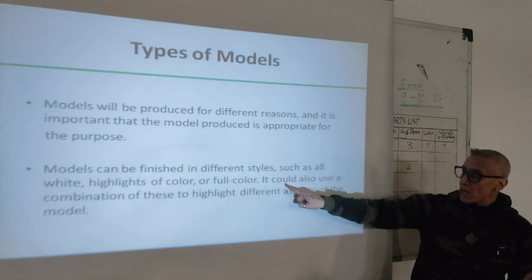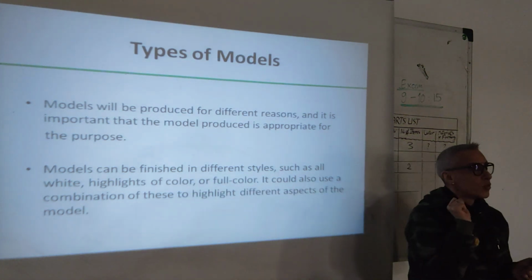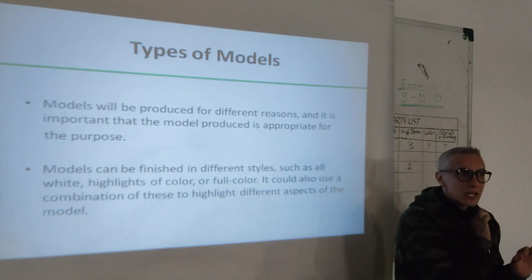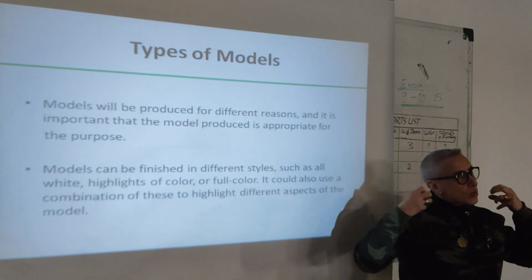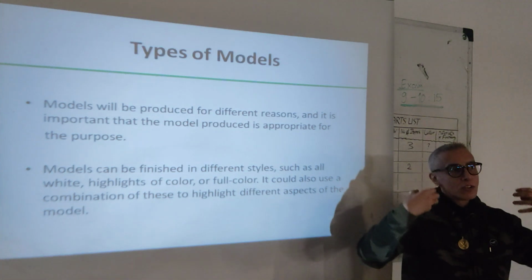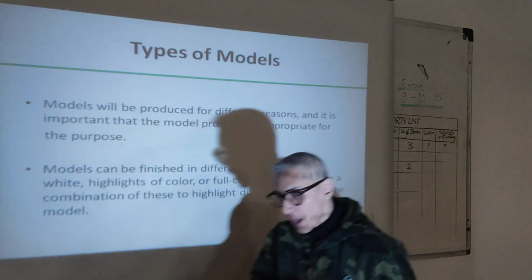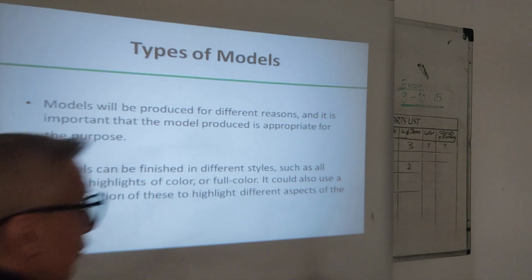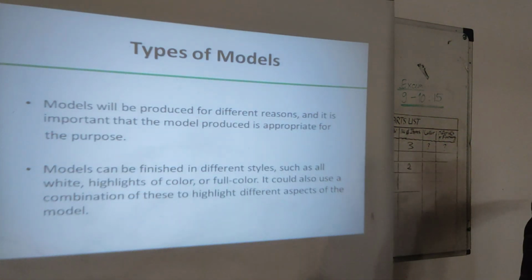Okay? Sometimes highlights of color are used. So it's mainly white, but some areas are colored for a specific reason, to highlight them, to show their importance. Okay? Let's see if this is actually... Yes. So, like our object, it's going to be mainly white, but we have some red areas.